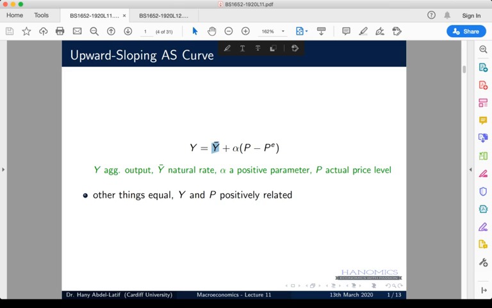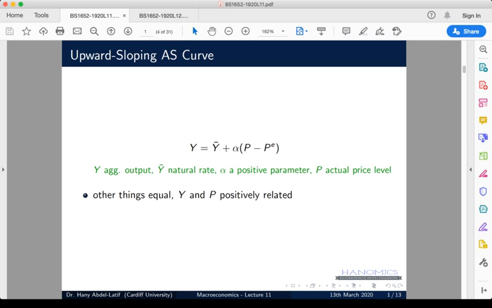So other things being equal, output and the price level are positively related. Just to let you know, this is the destination. If you want to summarize the whole lecture from last time in a few words, it is exactly what you see in the slide now: you have an upward sloping aggregate supply curve, which means there's a positive relationship between output and price level.